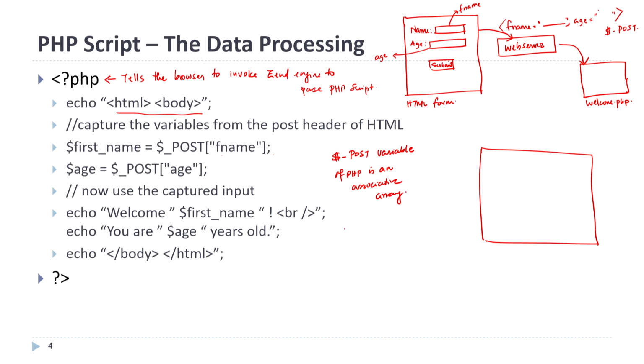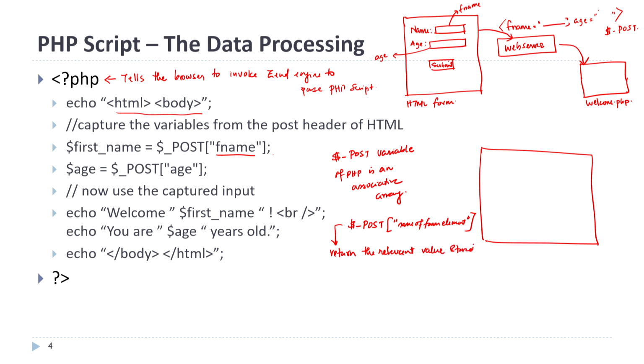So, if I say $_POST, f name is the name of this form element. If you use $_POST with the name of the form element, then I can get whatever value is stored there; it will return the relevant value.